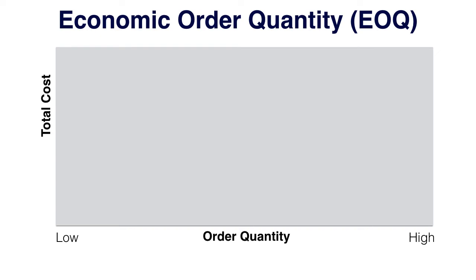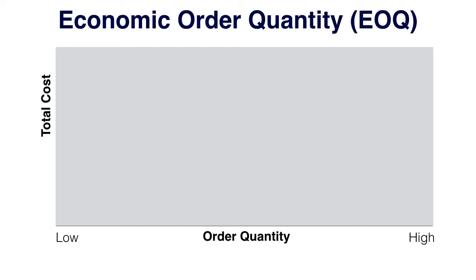Now, the focus of my lesson today is not the economic order quantity because this is an old concept. It works, but it has a lot of problems. I will just introduce this to you now, and then we will move on further on this particular question of how much to order.